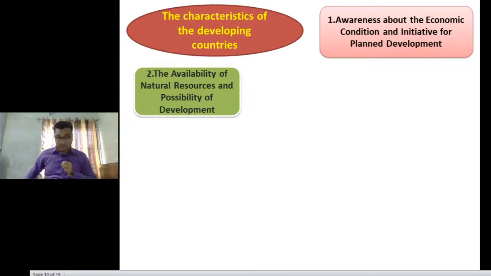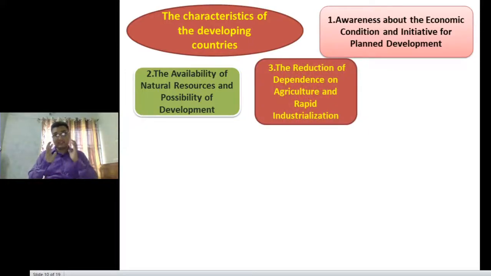Now I'm going to discuss the next characteristic, that is the reduction of dependence on agriculture and rapid industrialization. Dear students, in this type of countries, we can say they have taken some measures to make their economy an industry-based economy. Okay, and they are trying to avoid an agriculture-based economy. So this is one of the characteristics of the developing countries.